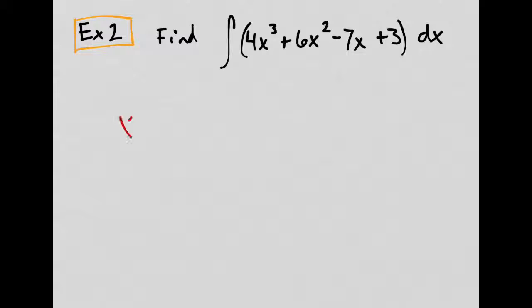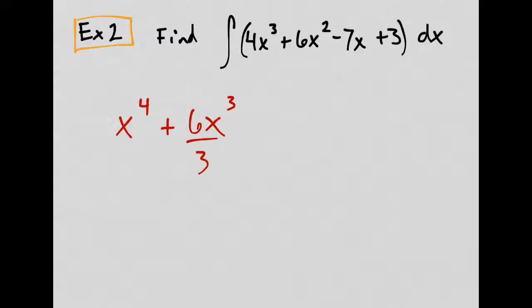I just take the exponent and I add 1, so that will become a 4. And then that has a coefficient of 4, and I put 4 on the bottom. But that cancels out. Sweet. So really, that goes away. And then plus, well, I add 1 to the exponent, so it'll be x to the 3rd. And then, well, that has 6 and a 3 underneath.